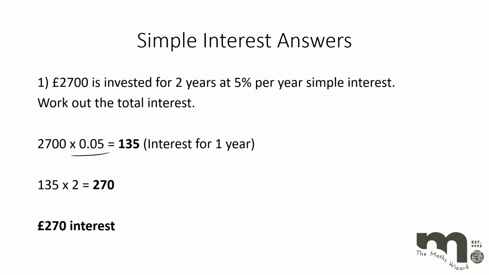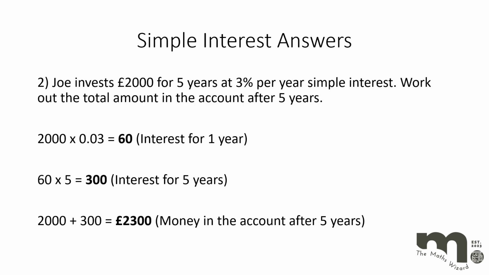Okay, next one. So on this one, Joe's money has been invested for 5 years, so he's invested £2,000, and he's getting 3% per year simple interest. So this time we're trying to work out how much money he has in the account after 5 years.